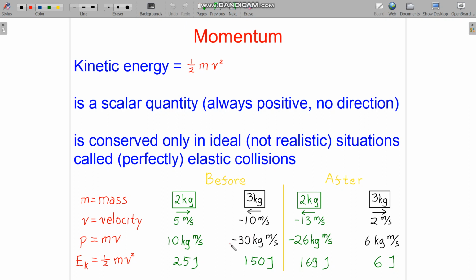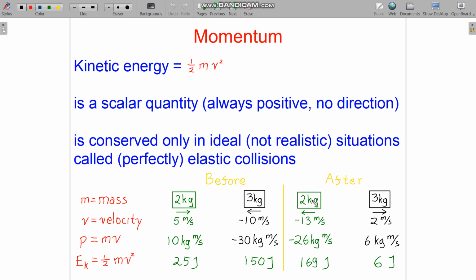and the kinetic energy before the collision is 1/2 times 2 times 5 squared, which is 25, plus 1/2 times 3 times 10 squared, which is 150. So the total momentum before is minus 20, and the total kinetic energy before is 175.